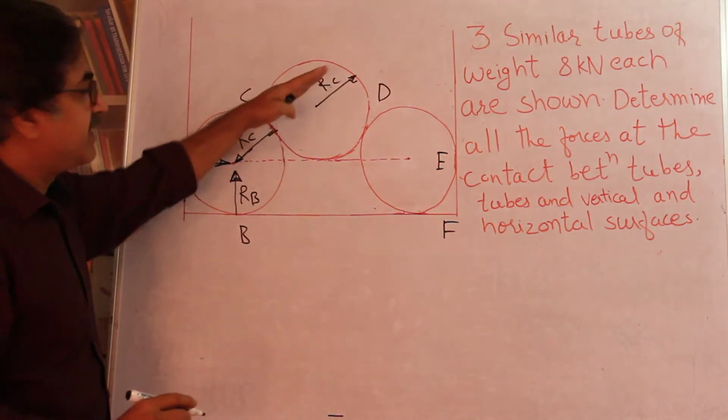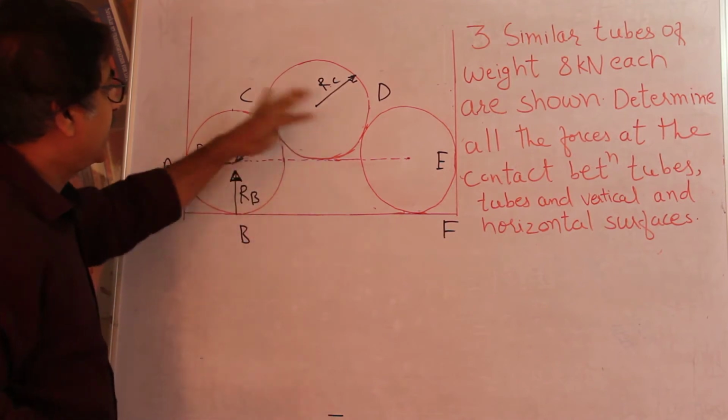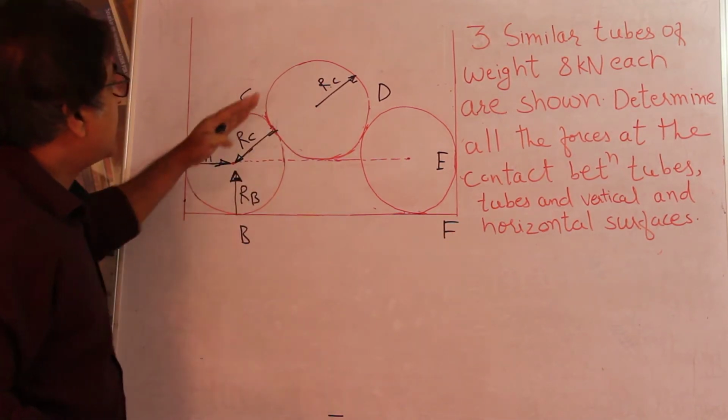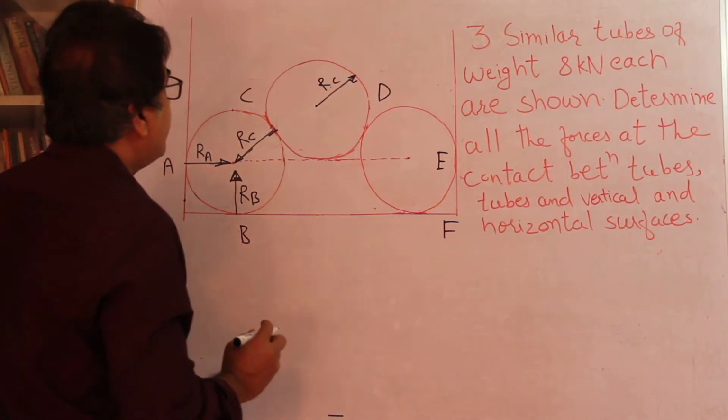They should have been exactly on the same line. Just accept this, it's very difficult to draw the correct diagram here. So this is RC, this is RC. They are equal.